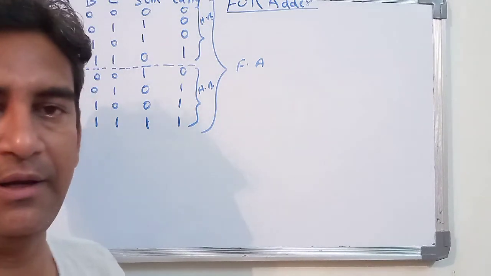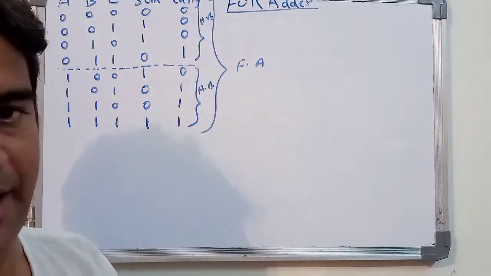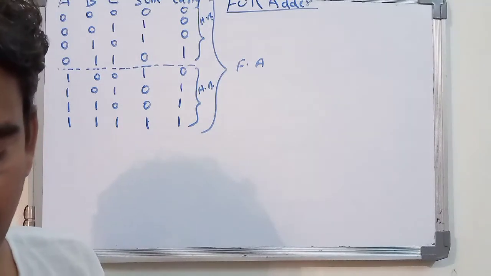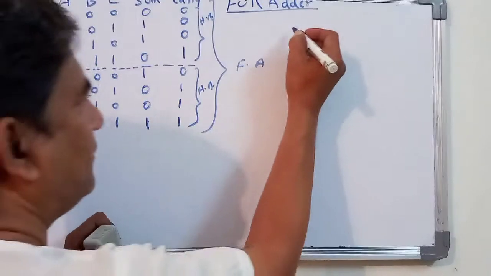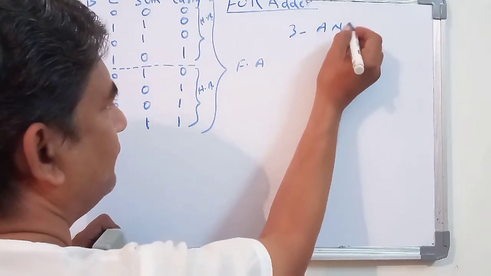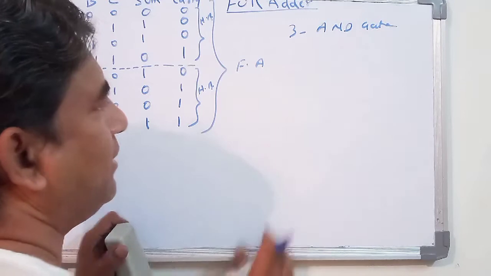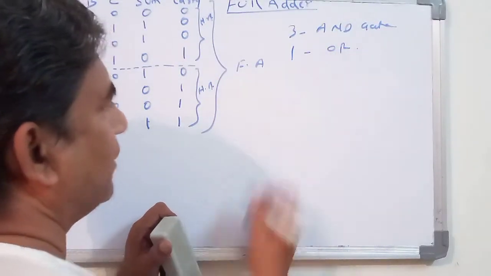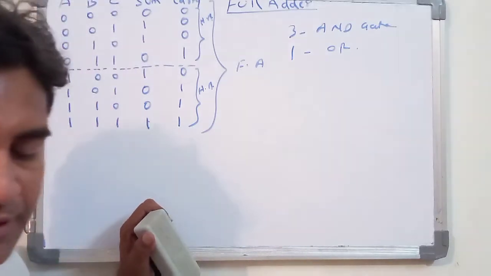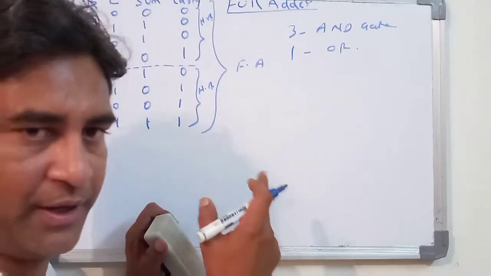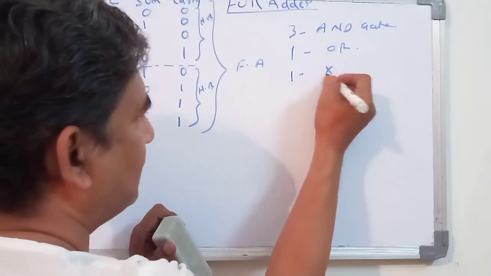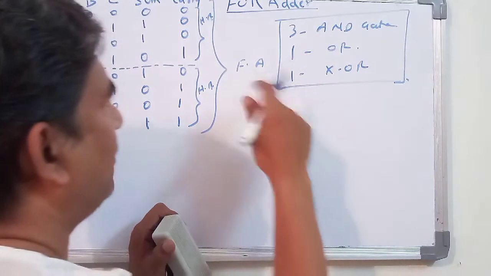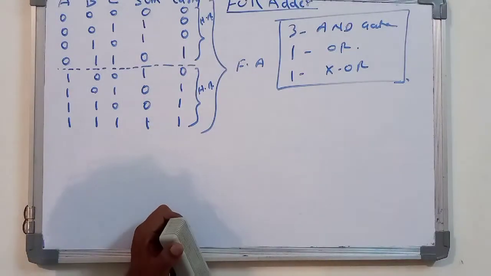For designing the full adder, we require 3 AND gates. Okay students, 3 AND gates, 1 OR gate, and 1 XOR gate. So this is our requirement for designing the logic diagram for the full adder.